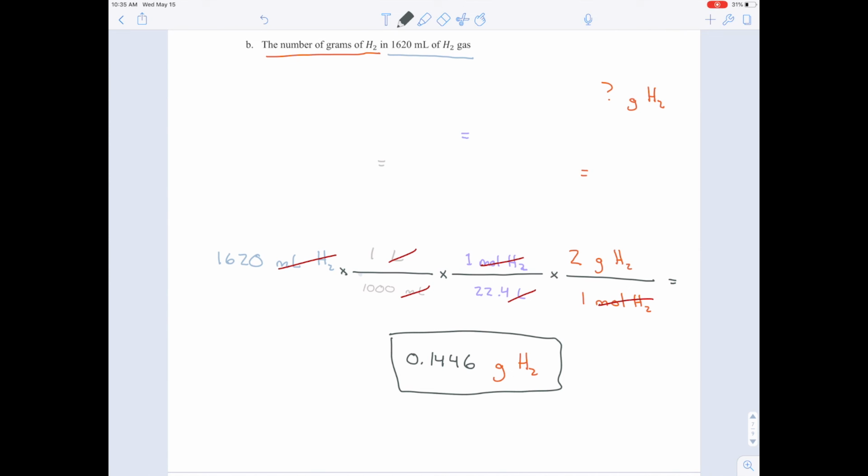Okay, so that's how much 1,620 milliliters of H2 gas would weigh at STP, standard temperature and pressure, 0 degrees Celsius, 1 atmosphere.